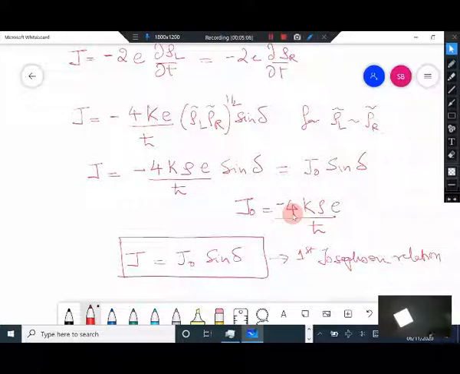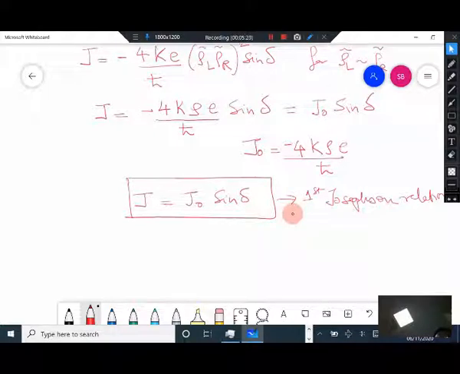The amount of phase difference between the superconductors determines the amount of current flowing across the junction. And the phase difference always adjusts itself to accommodate the current flowing across the junction. So you get your two Josephson relations.